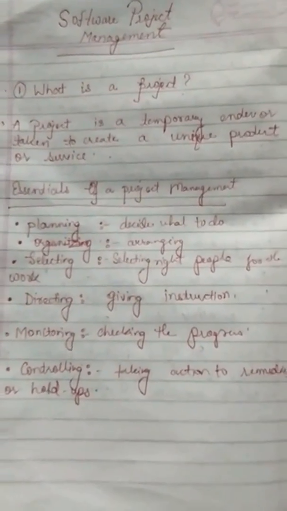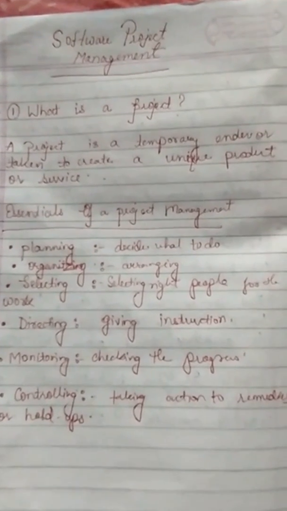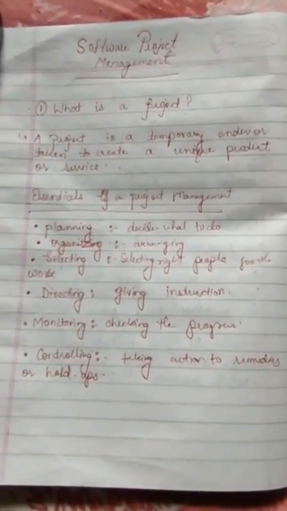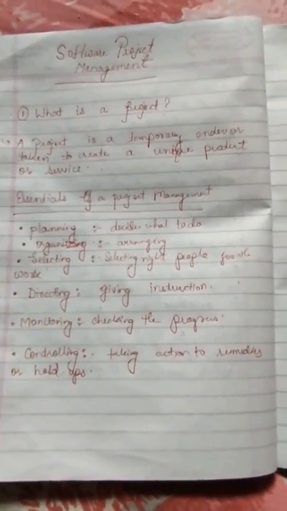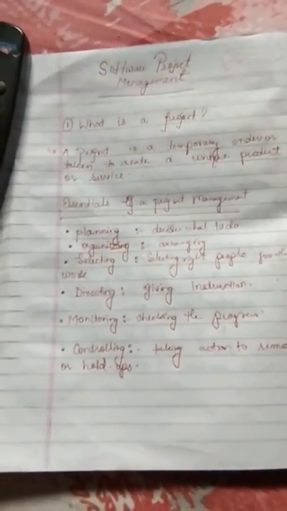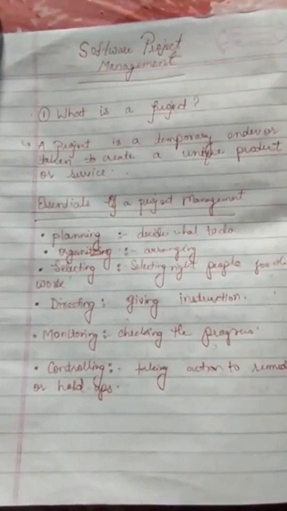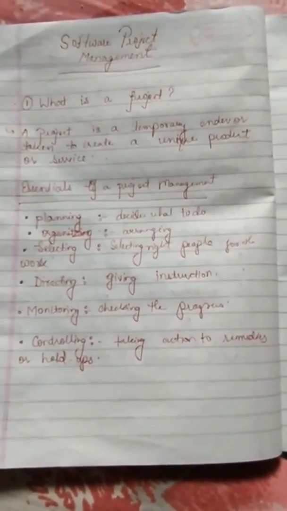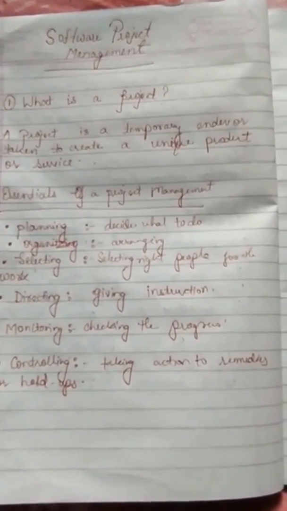The second essential of project management is organizing. Our approach should be organized and arranged to escape project slippage or failure. Next is selecting the right people for the work.